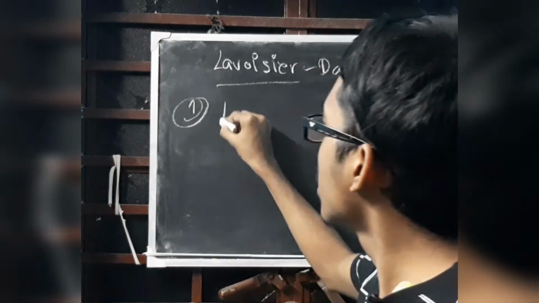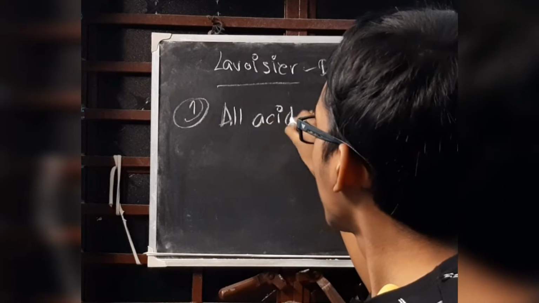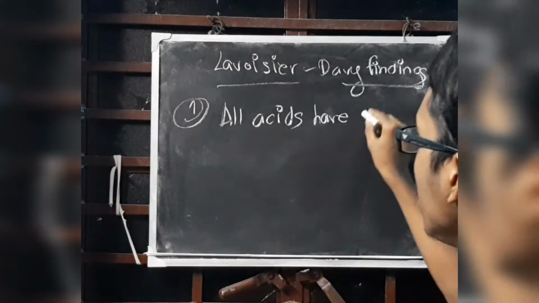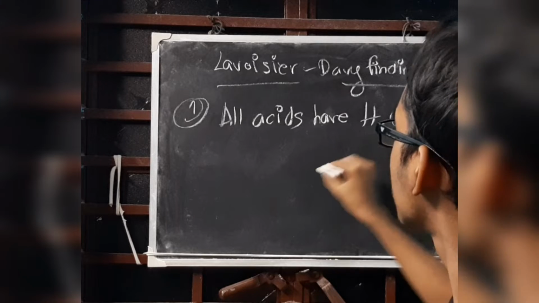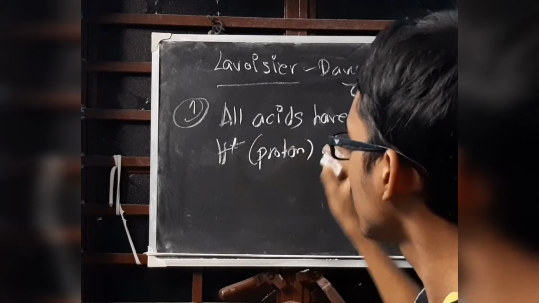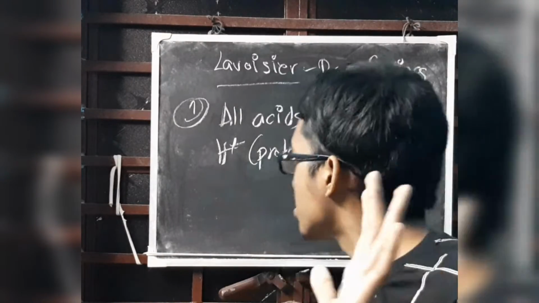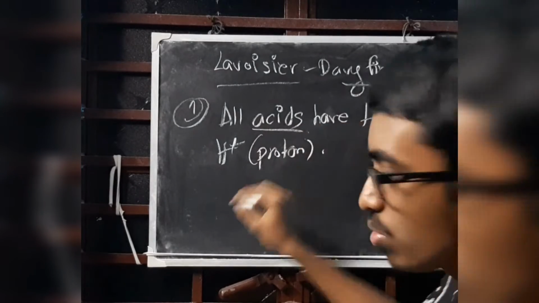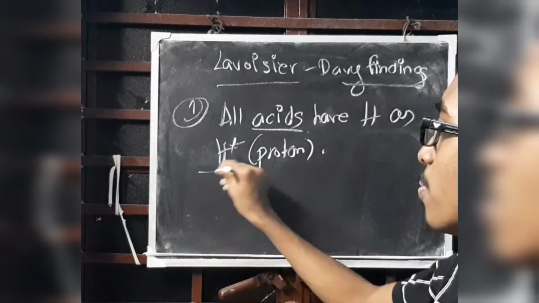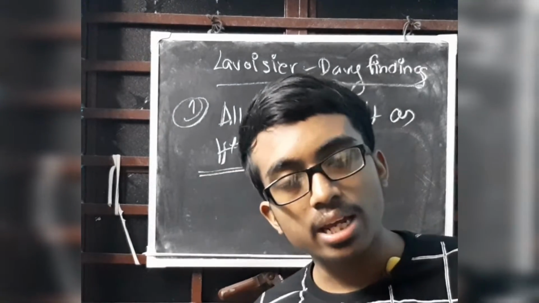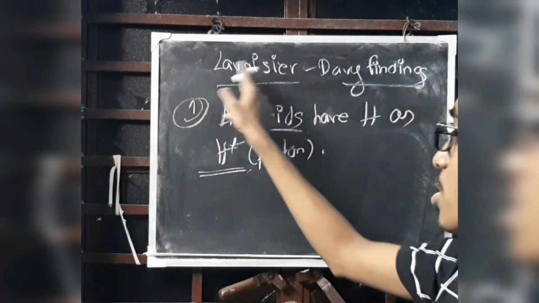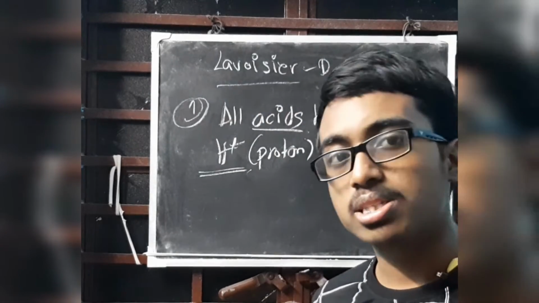They said that all acids will have hydrogen in H plus format, that is a proton. H has to be present in acids according to Lavoisier, Davy. Clear? This was what they said about acids.